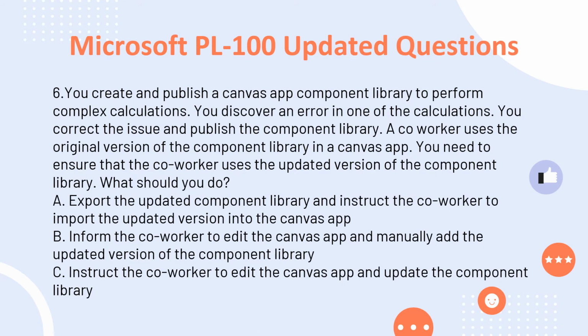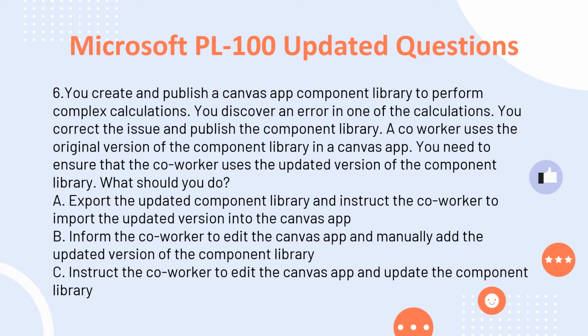6. You create and publish a Canvas app component library to perform complex calculations. You discover an error in one of the calculations. You correct the issue and publish the component library. A co-worker uses the original version of the component library in a Canvas app. You need to ensure that the coworker uses the updated version of the component library.